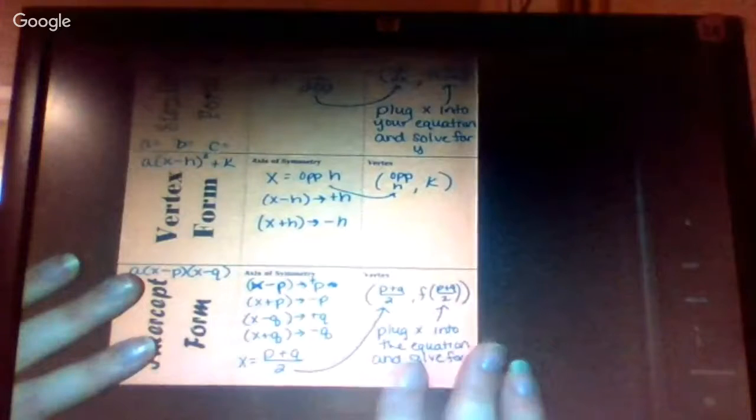And fold it the whole way across like an accordion. So when you make the second fold, it should look like this. Fold it over again. So when you're done, it should look like this.